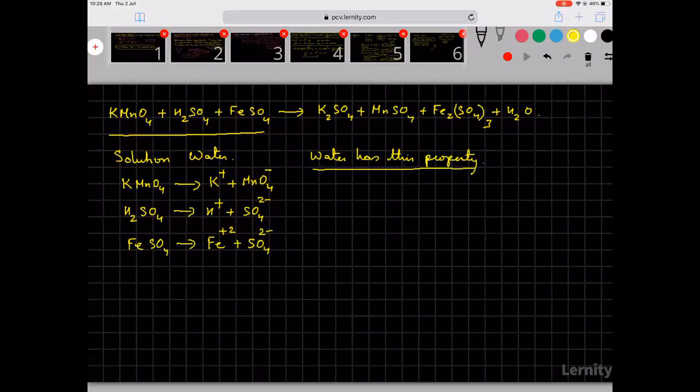Water has this property: any electrovalent compound put into it, if it dissolves, it will break the compound into its ions.